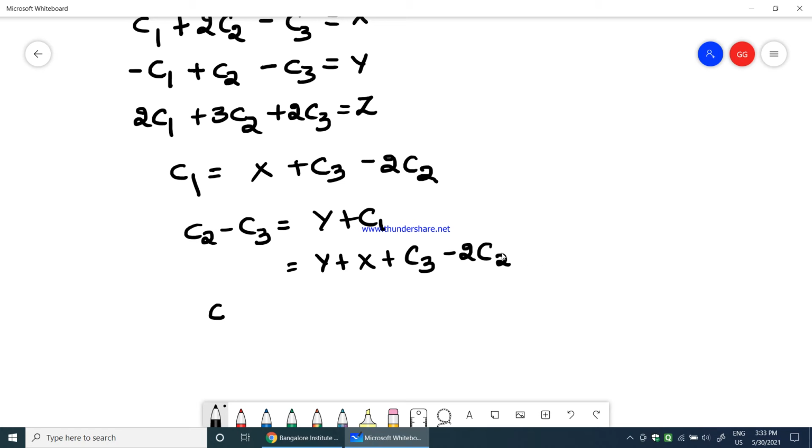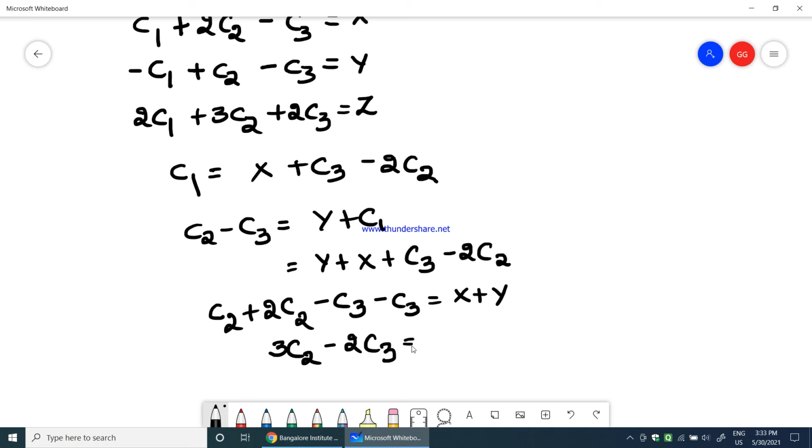If I take C2 and C3 to the left-hand side, I get C2 plus 2 times C2 minus C3 minus C3 equals X plus Y. Therefore I get 3 times C2 minus 2 times C3 equals X plus Y.